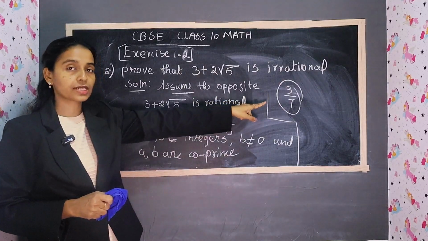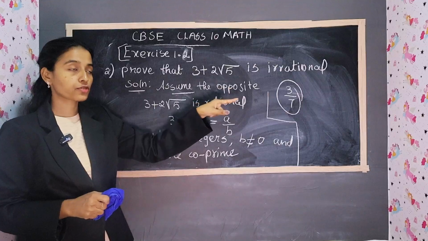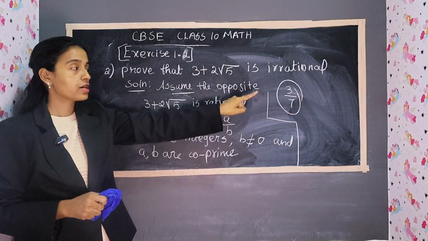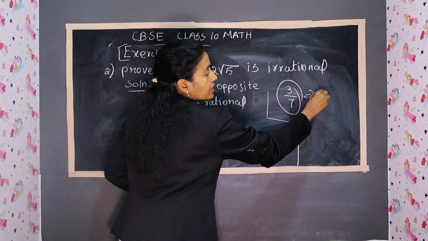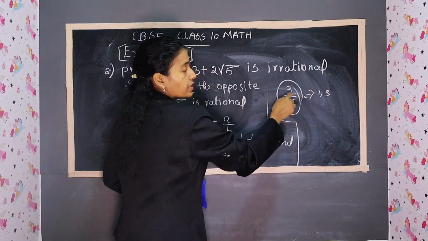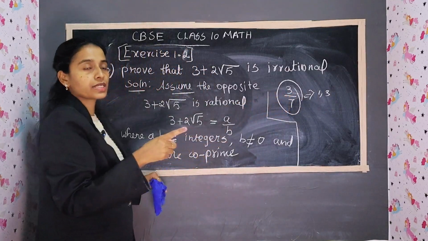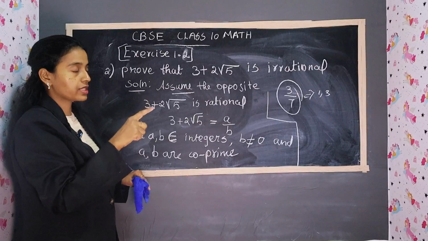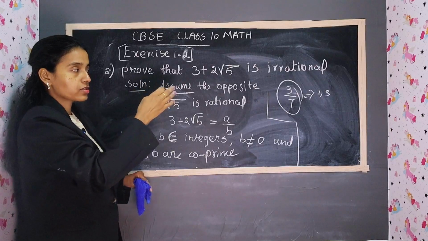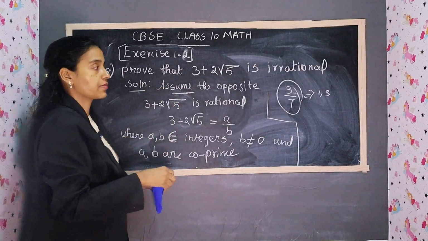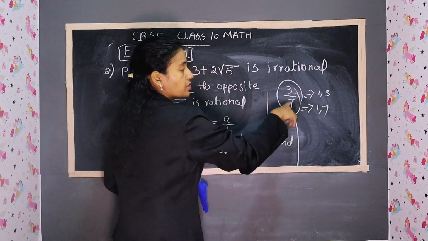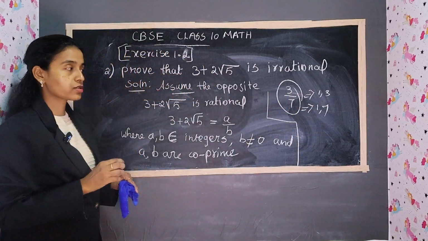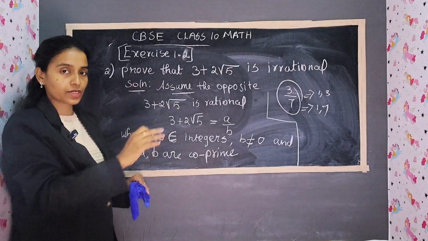For example, I am taking 3 and 7, right? I am going to find the factors of 3 and 7. The factors of 3 would be 1, 3, right? I can divide 3 by 1 completely, and also I can divide 3 by 3 completely. The factors of 7 would be 1, 7. Why?